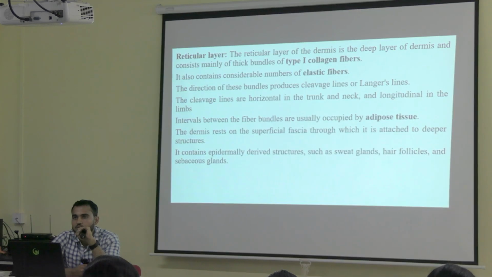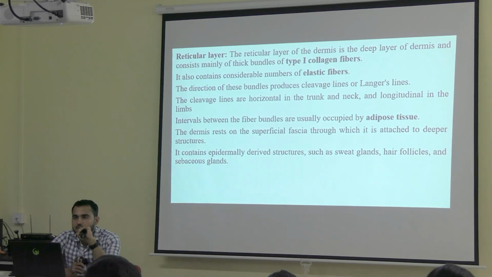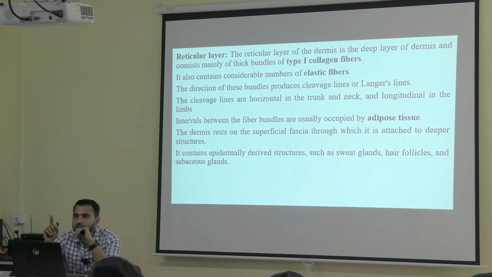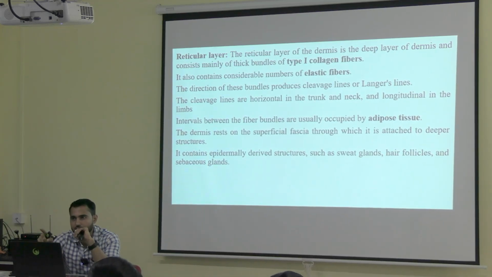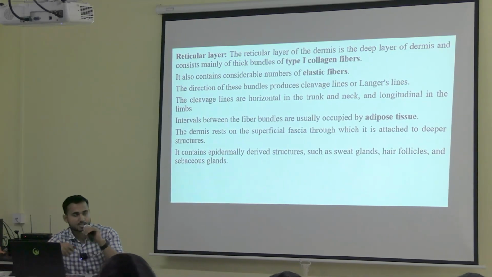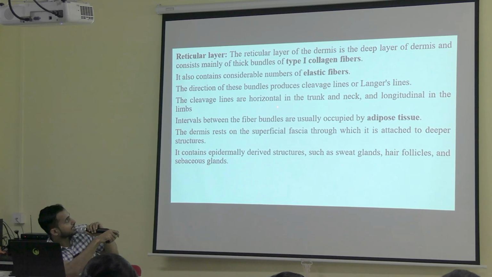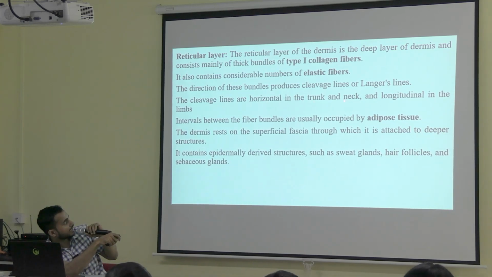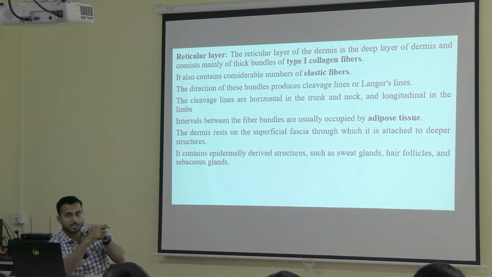Yes, very good. So in the reticular layer you are getting bundles of type 1 collagen fibers along with the reticular fibers. So its arrangement is definite. For example, it is horizontal in case of trunk and neck and longitudinal in case of limbs.